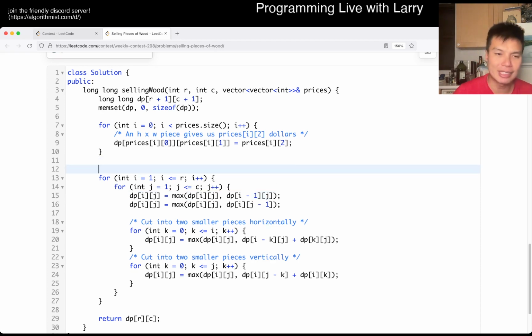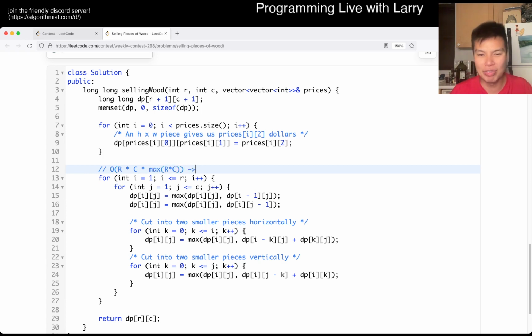This is why I changed it to C++ preemptively this time. When I saw this, I had this algorithm in mind, and the algorithm is going to be O of R times C times maybe max of R times C or something like that, right?